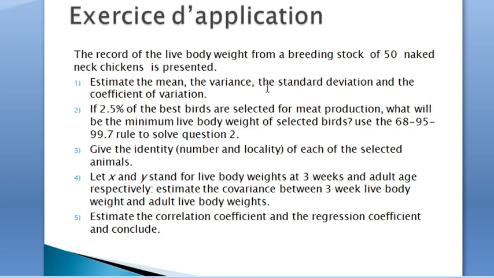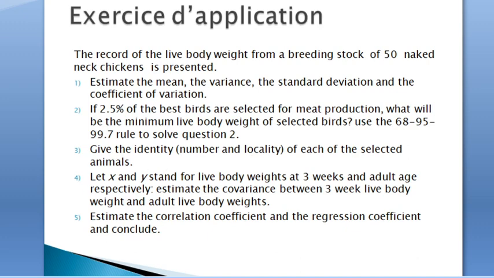Estimate the mean, the variance, the standard deviation, and the coefficient of variation. Question 2. If 2.5% of the best birds are selected for meat production, what will be the minimum live body weight of selected birds? Please, you should use the 68, 95, 99.7 rules to solve this question. Question 3. Give the identity, that is the number and locality of each of the selected animals.